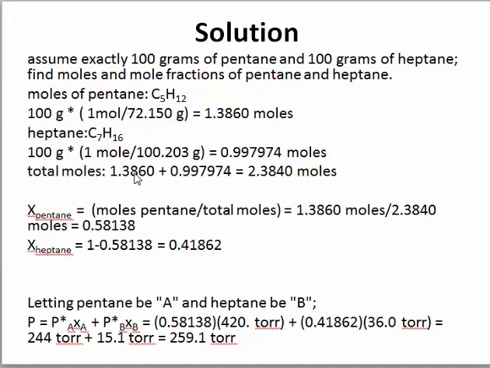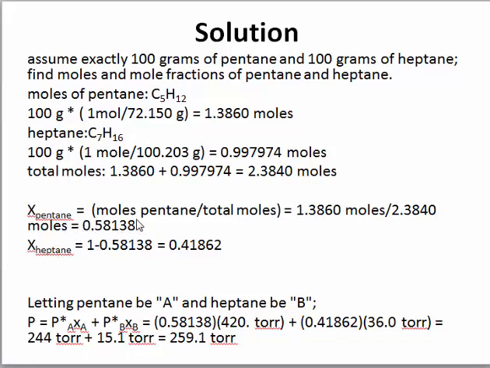Total moles is the sum of the moles of each, 2.3840. Then we can quickly find the mole fraction of pentane by dividing moles of pentane over total moles. You dealt with mole fractions of gases before when dealing with ideal gases.